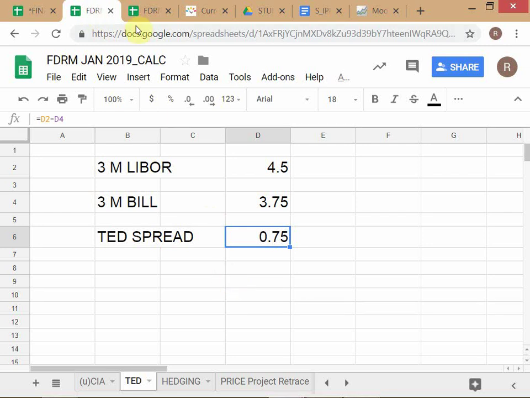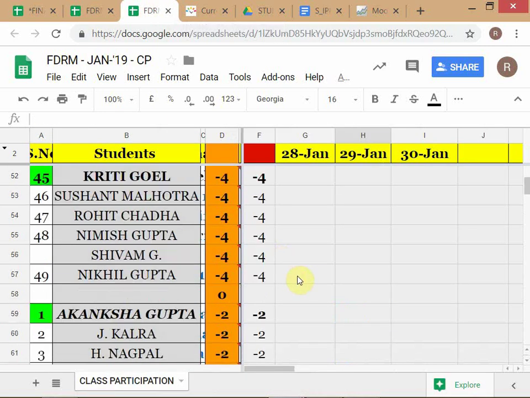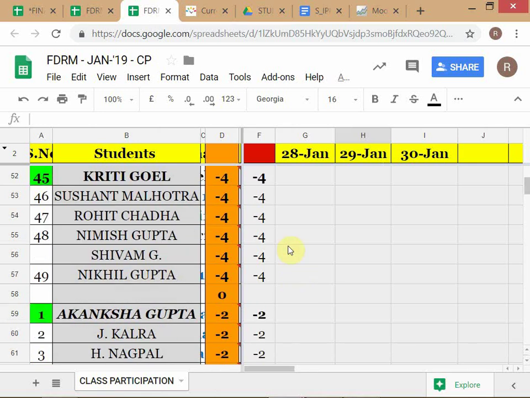Then I'll deduct marks for you guys also, because we don't want to see all this activity. No, there is no pen. This is not an exam. Which team is this? So this goes to -2 and -6. What happened here?